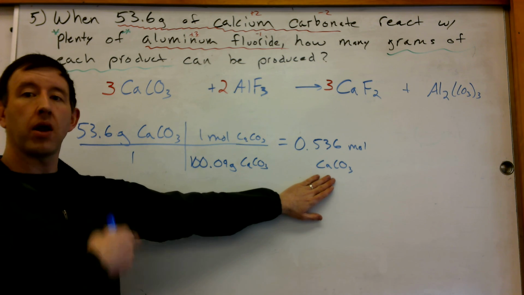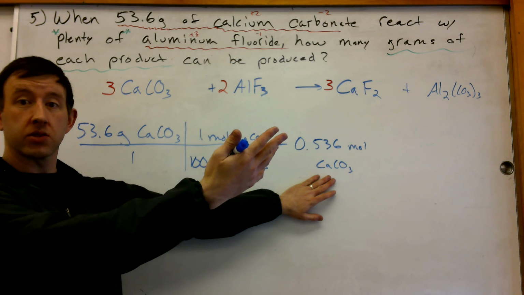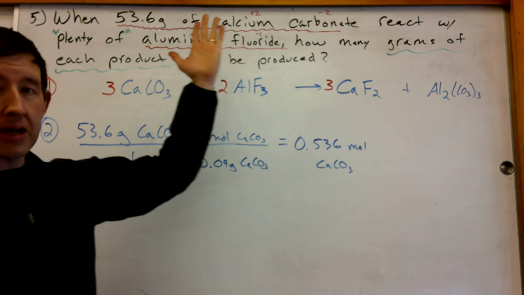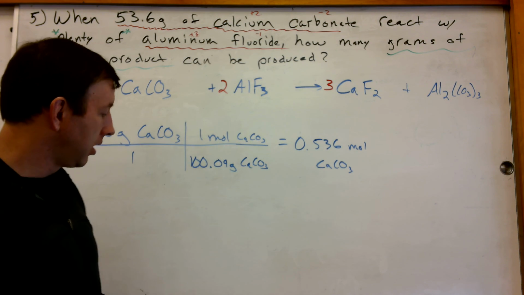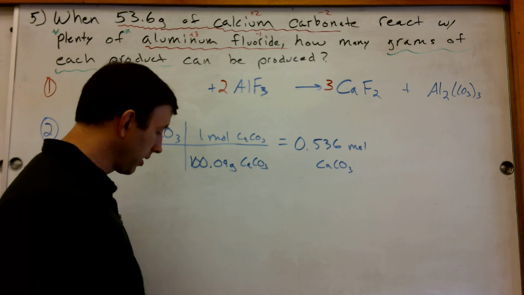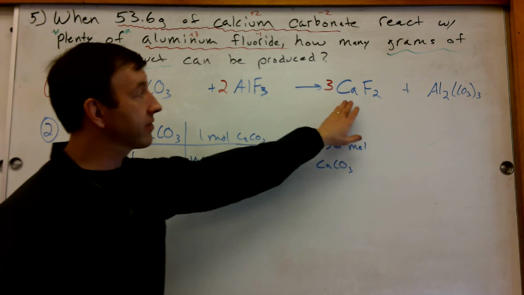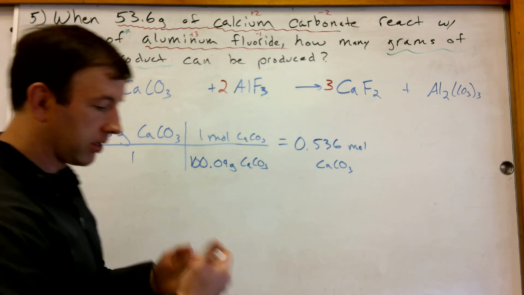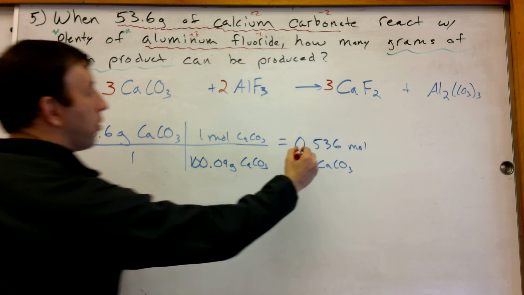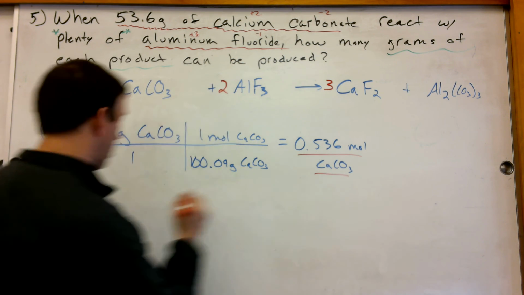We want to figure out how much we get of our products, right? So we just pick one of the products because we're going to do both of them anyways. Pick which one we want to start with, all right? So let's say since I have calcium fluoride written first, I'll start with that one, all right? So here's what I'm going to do. I have 0.536 moles of calcium carbonate.